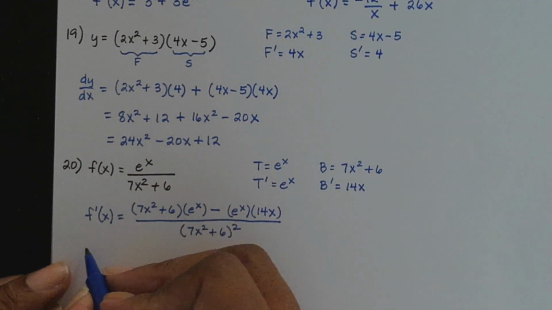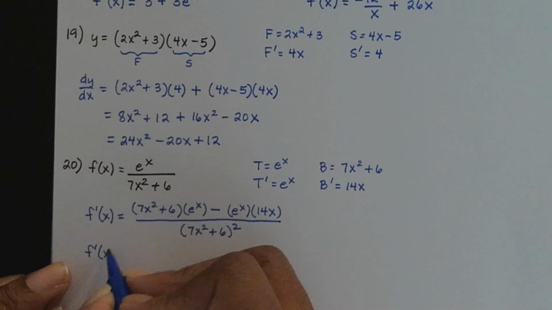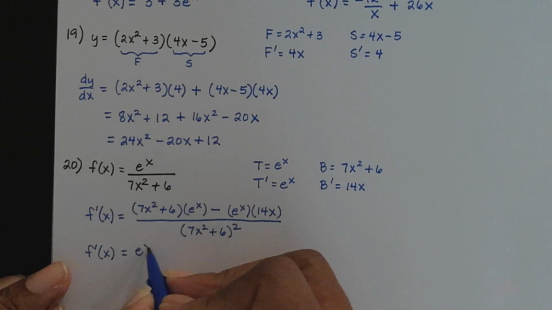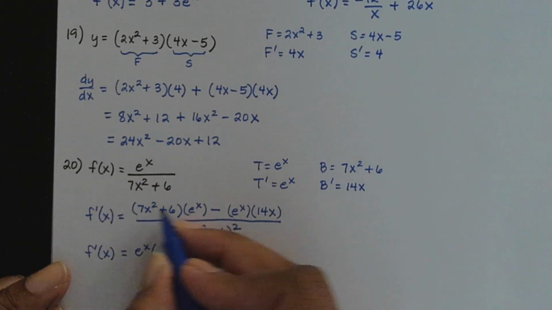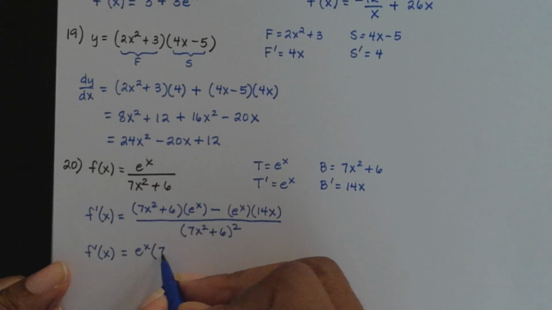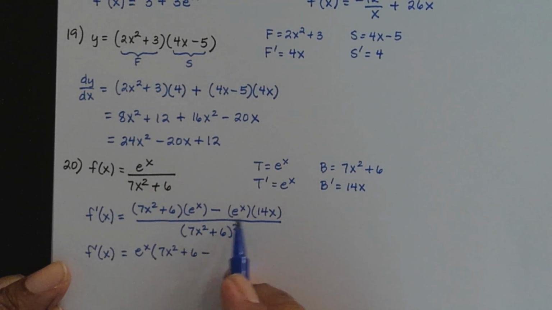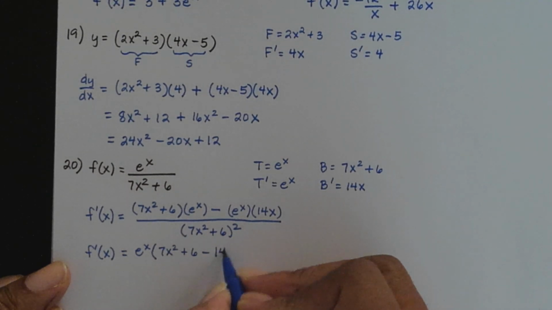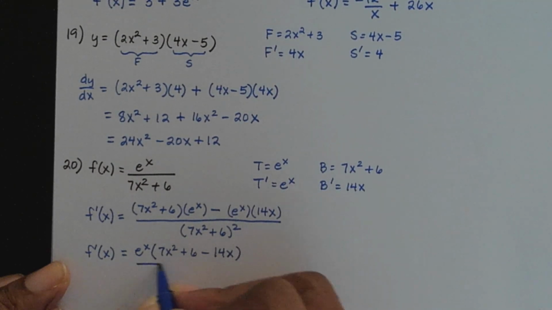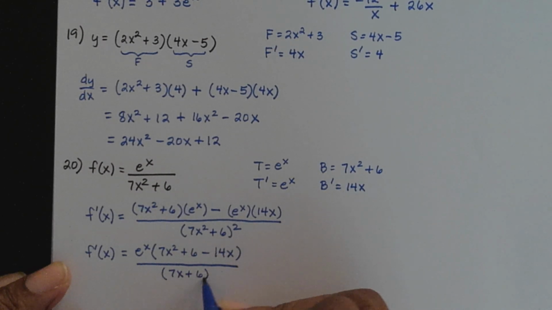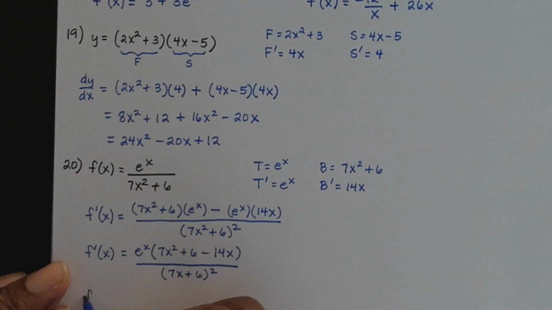Now let's do this. It's probably easier to factor out something here. What can I factor out in the numerator? Let's factor out the e to the x. If I factor out the e to the x in that first term, I'm left with 7x squared plus 6, minus, factoring out the e to the x in that second term, it'll be 14x, divided by 7x squared plus 6 quantity squared.